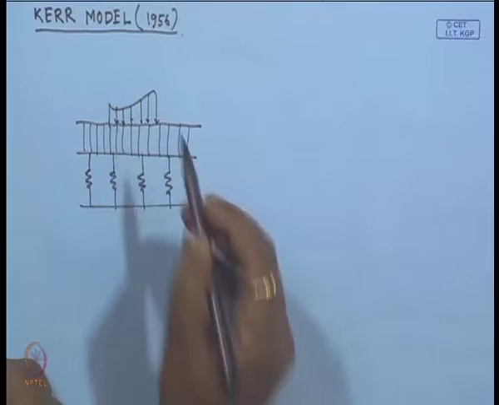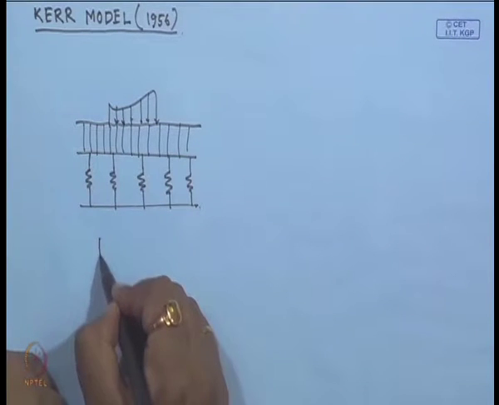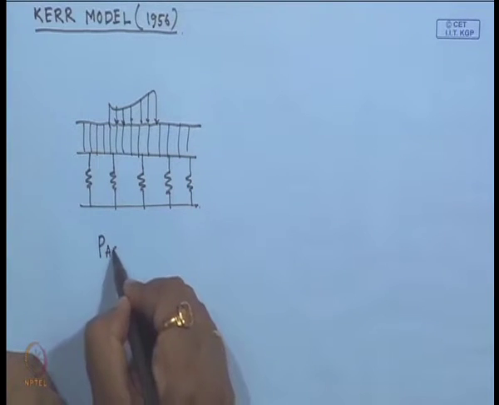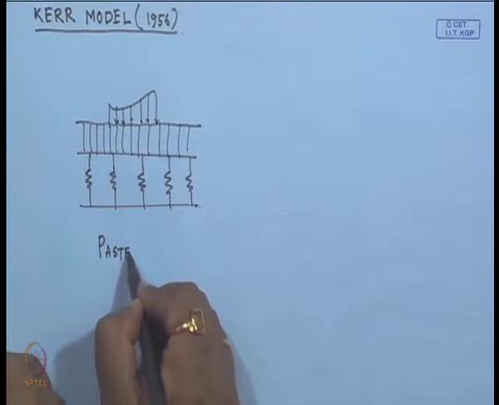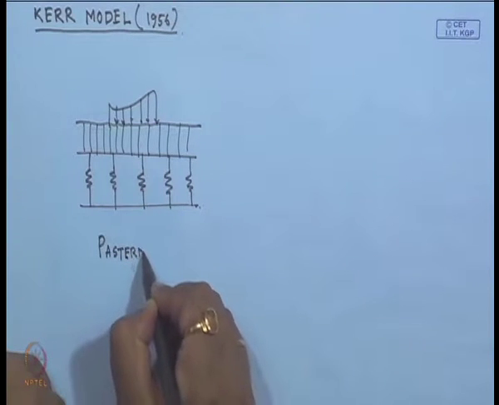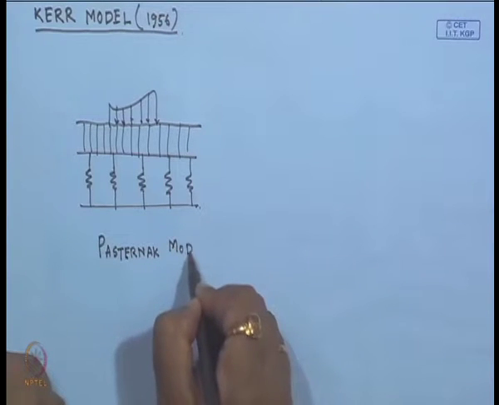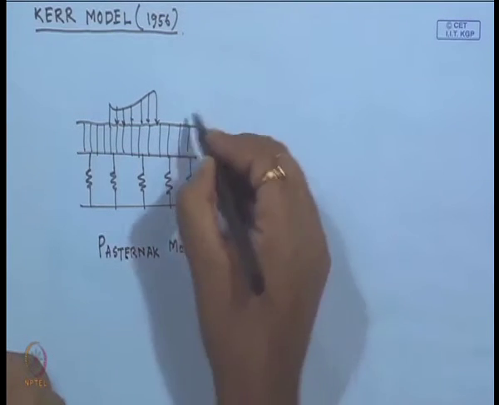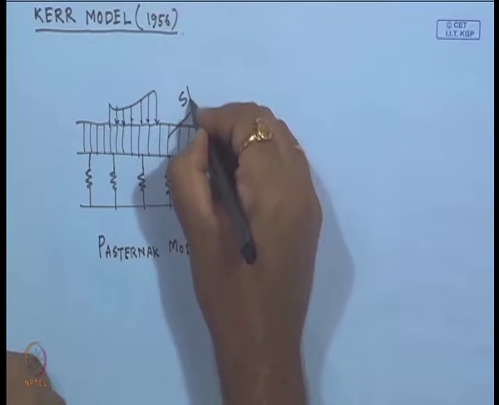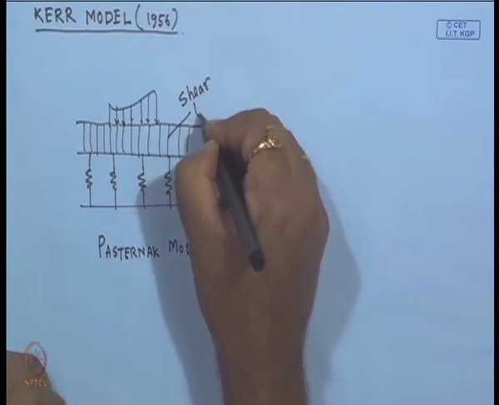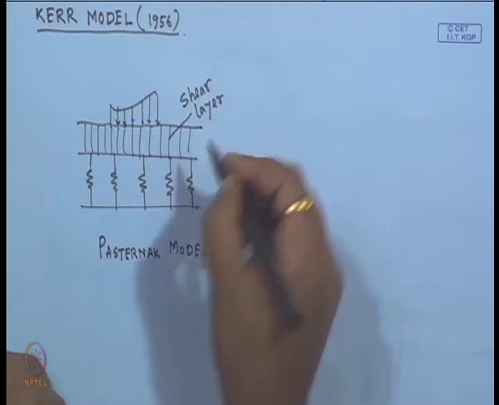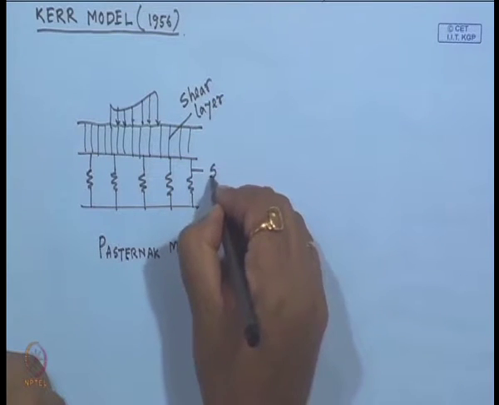So, this is the model which is proposed by Pasternak. So, this is the shear layer and this is the spring.